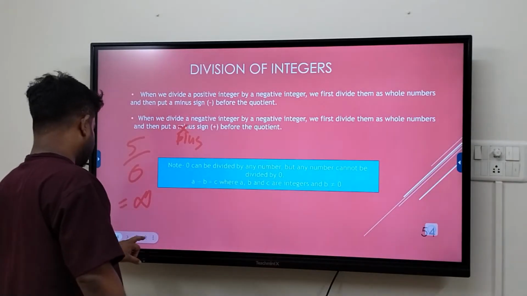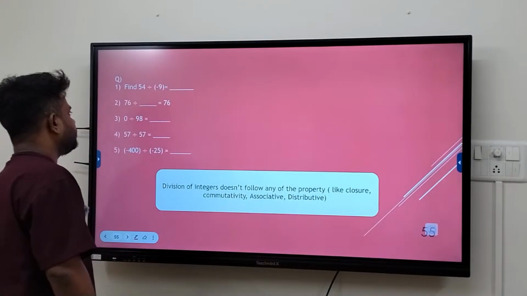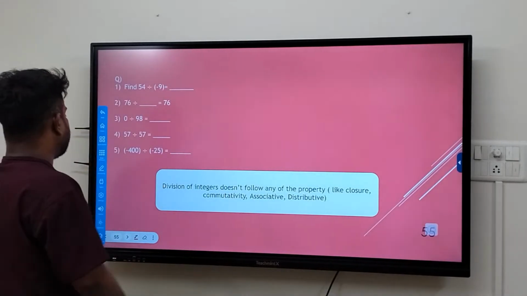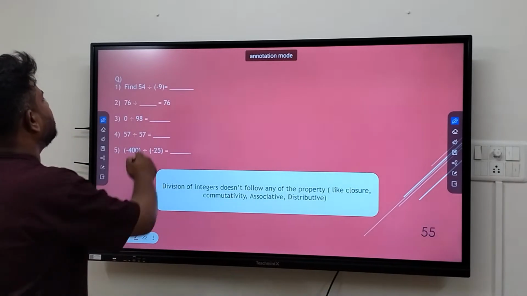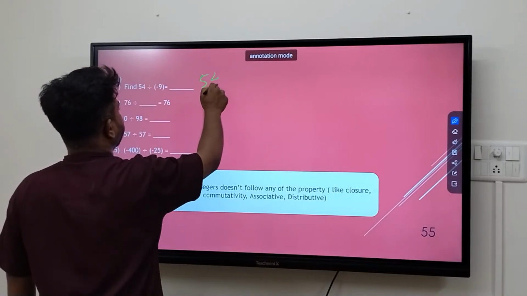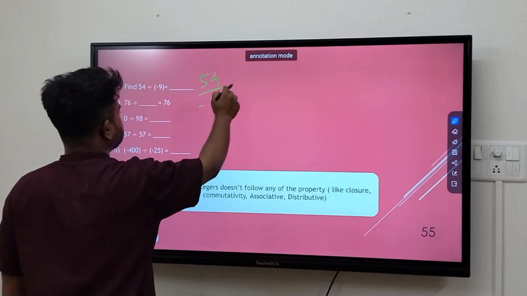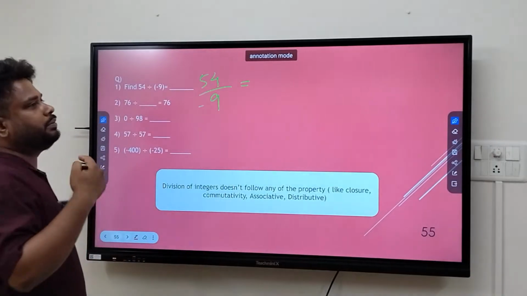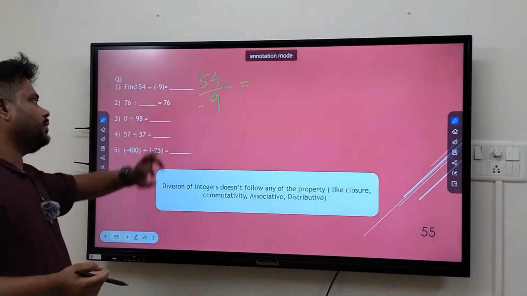We already knew it. So we try to solve these sums, like dividing 54 by 9 or minus 9. It will be like dividing 54 by 9 itself, because these two are whole numbers.